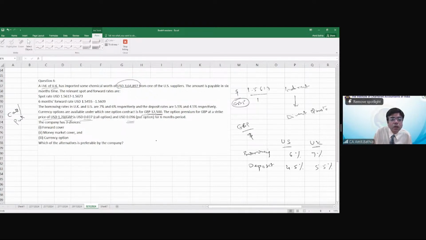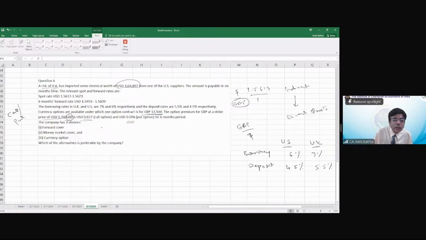Again, the question is this rate which is given to you, USD 0.096, this is given for what? USD upon GBP. Am I right? So what is the base currency? Base currency is GBP. Am I right? Yes, sir. Okay. So now before I go further ahead, call option means it gives me the right to buy a currency.